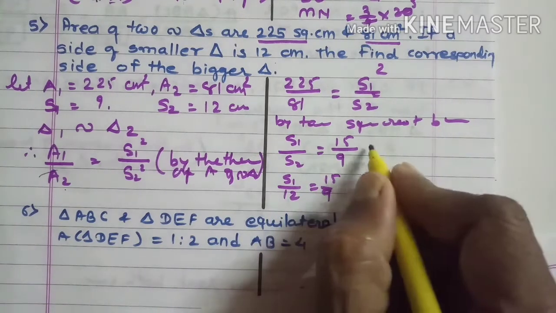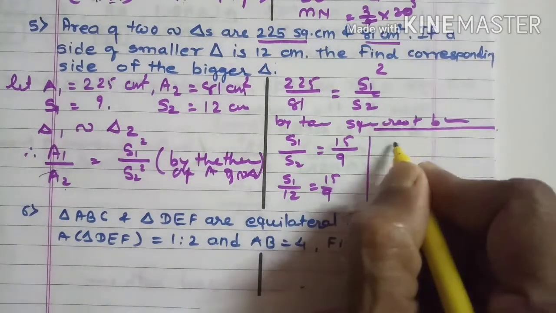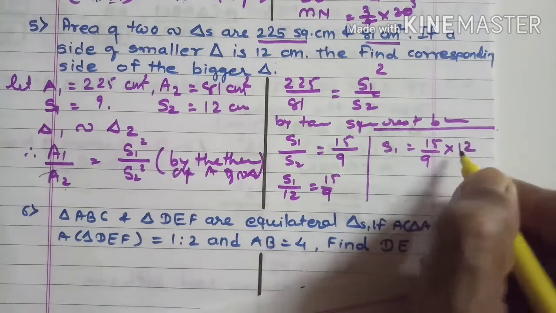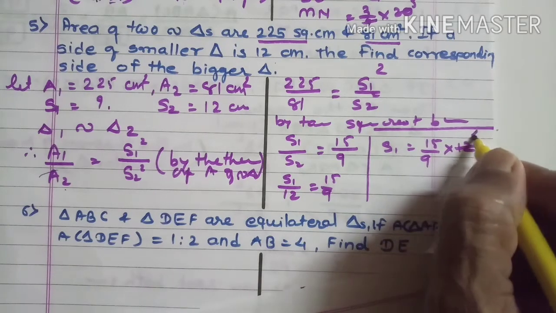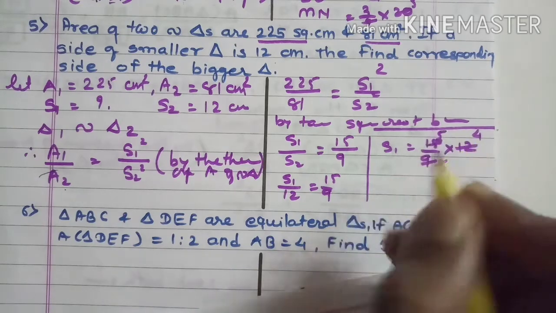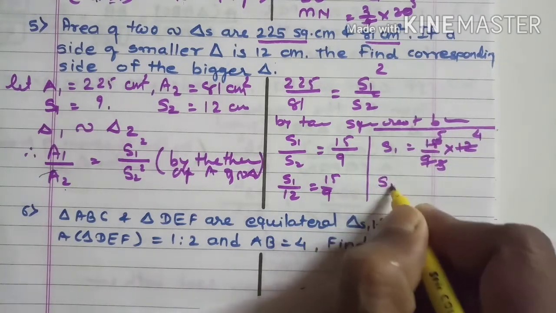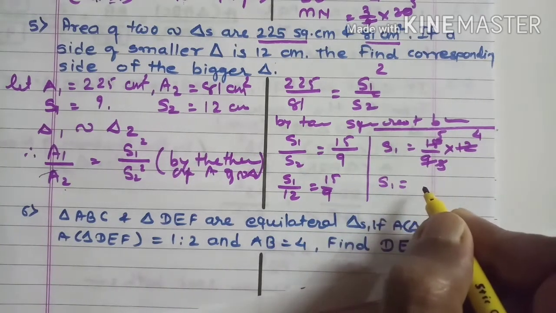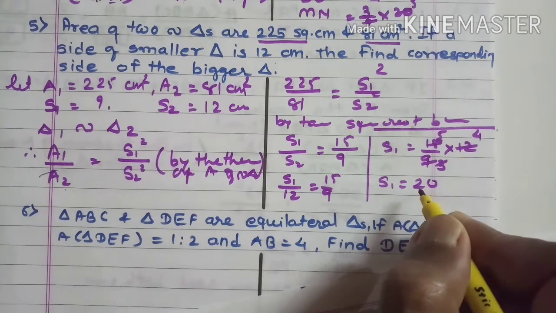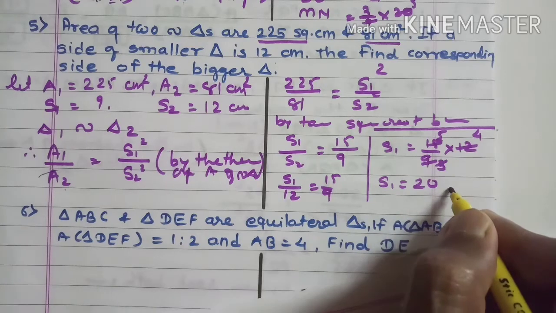Take 12 on right hand side, so S1 is equal to 15 upon 9 into 12. 3 4s are 12, 3 3s are 9, 3 5s are 15, 5 4s are 20. So the length of the bigger triangle is 20 centimeter.